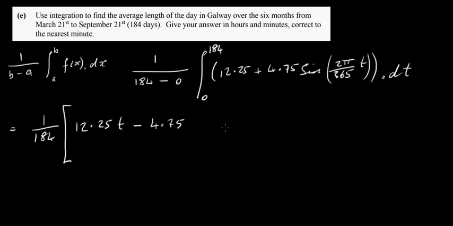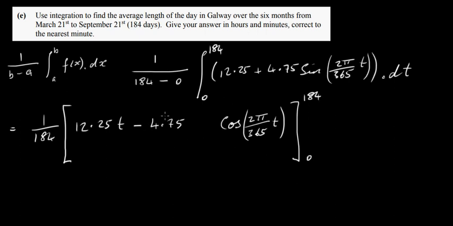I'm just going to leave a little bit of a gap here because I know it's coming up, and then I'm going to put in cosine 2 pi over 365 times t. By the way, we're integrating between 0 and 184.